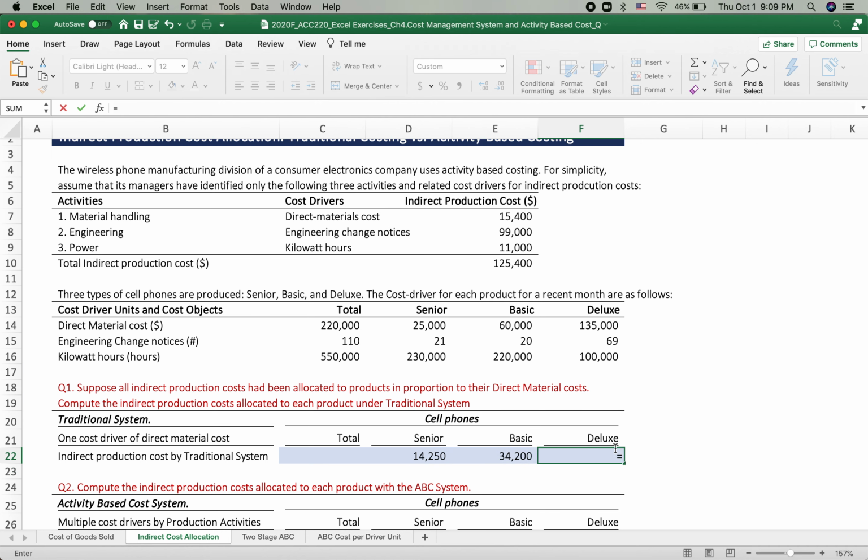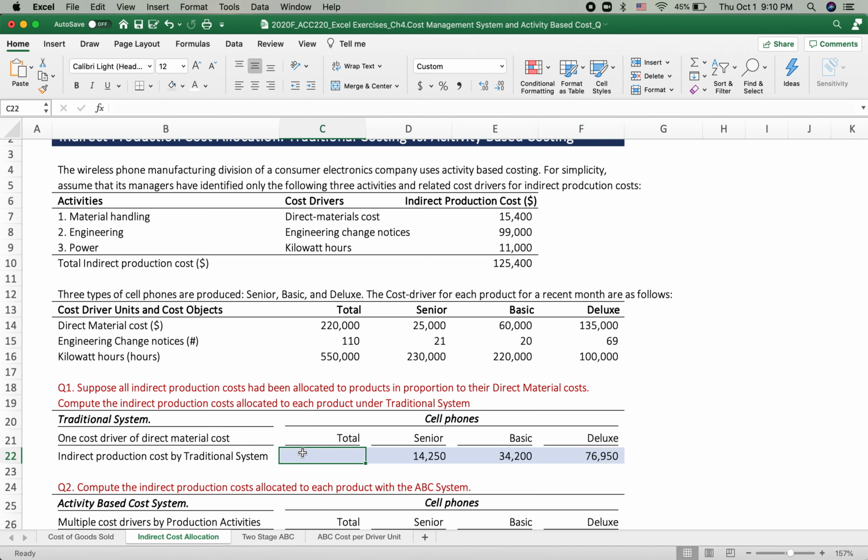And then finally deluxe, here one more time, 125,400 total indirect production cost to be allocated to deluxe times the proportion. So we found out the indirect production cost based on the cost driver units of direct material cost allocated to the senior 14,000, basic 34,000, and deluxe 77,000.